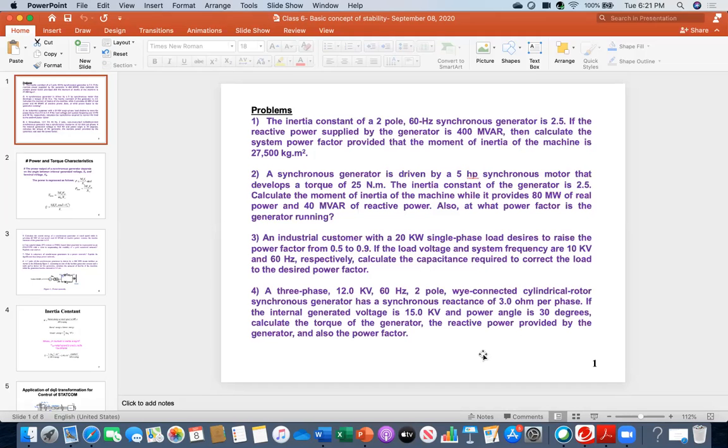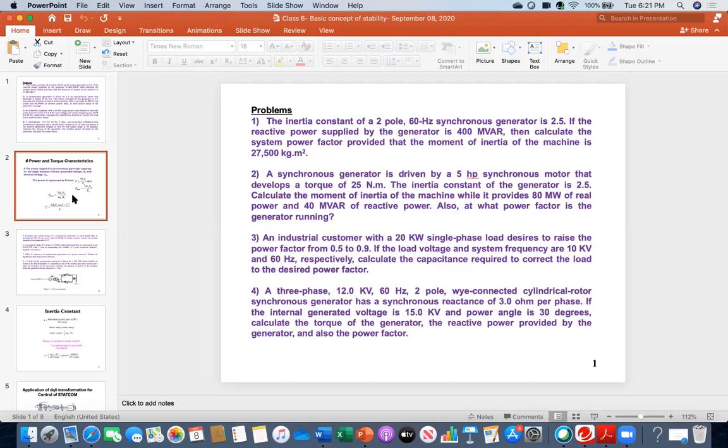Yes, sir. And the terminal voltage 12 over root 3, I got 6.93. So when I plug them into the Q equation, I got different numbers. I'm trying to find where my mistake is.